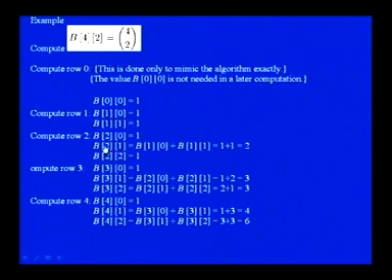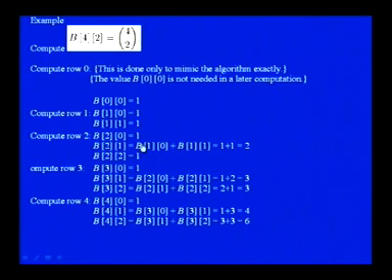Now you can see the advantage. Binomial coefficient of 2, 0 is going to be 1 because j is 0. Now you can see binomial of 2, 1 is binomial of 1, 0 plus binomial of 1, 1.